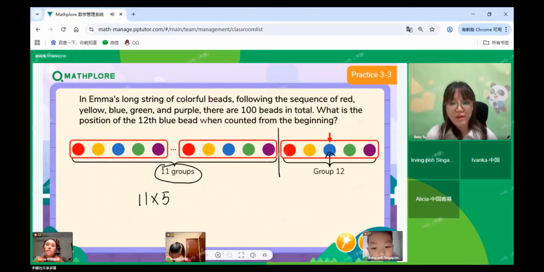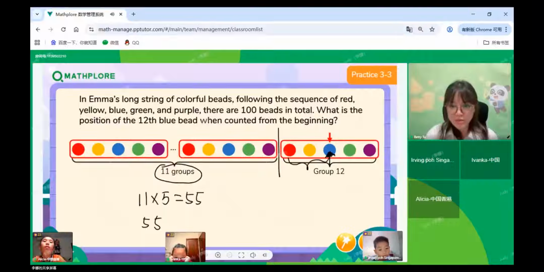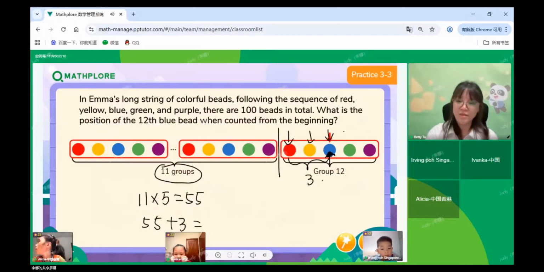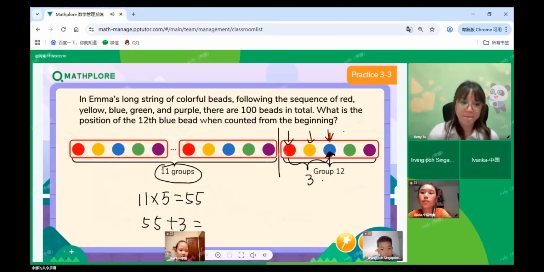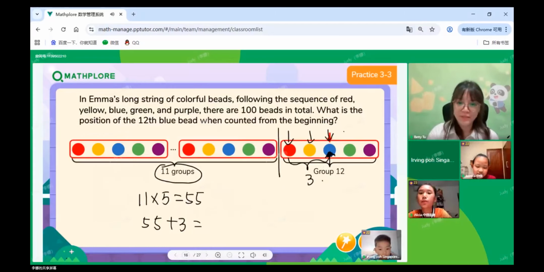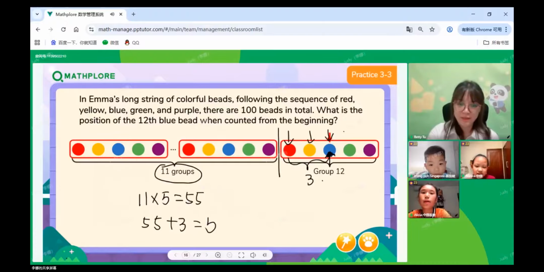We are finding this one, right? The position of this blue one. All right. So in the 11 groups, we have 55 beads, right? And then here we still have 3 more. Okay, we'll count 1, 2, 3, right? 3 more. So plus 3, that will be 58.